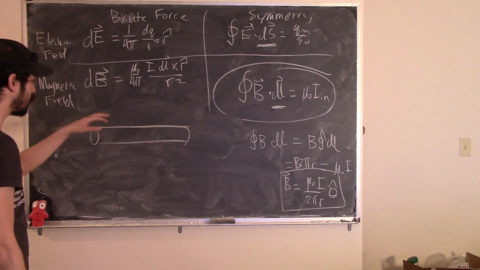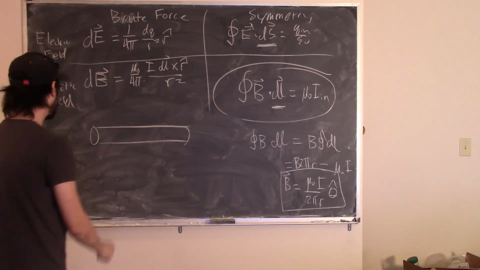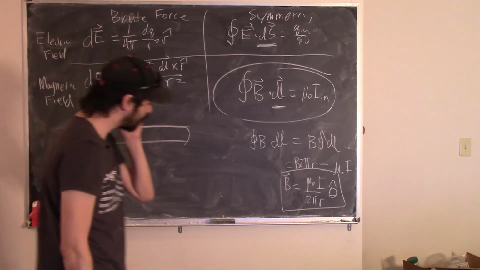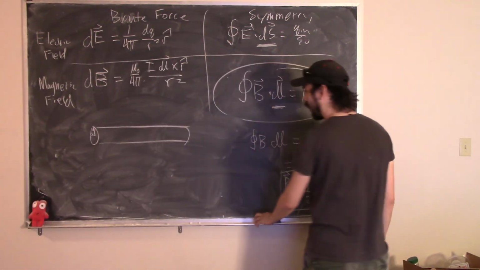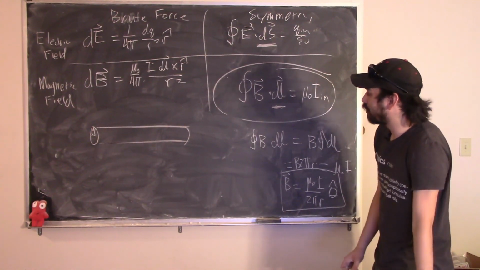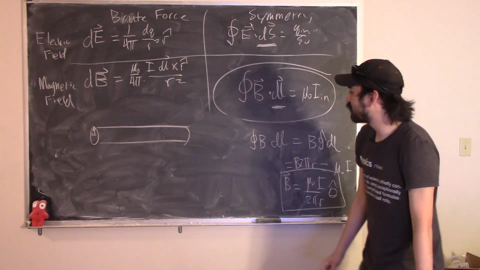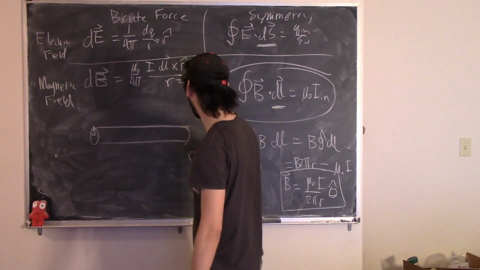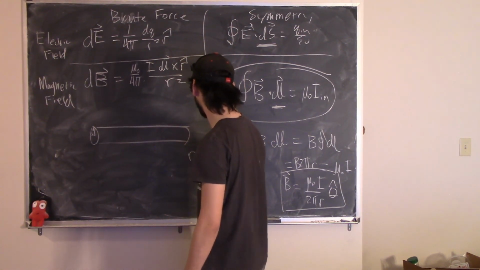And I want to find the magnetic field everywhere. If this has some radius of a, and I want to find the magnetic field everywhere, that means there are two regions that I need: r is less than a and r is greater than a.